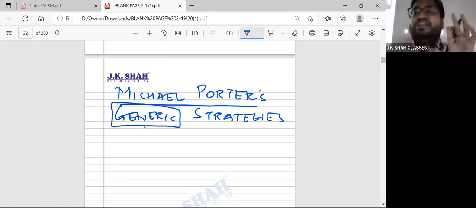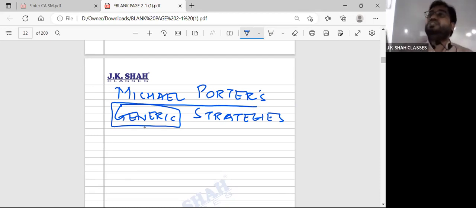Generic means general, basic. All kinds of organizations can use these strategies. All kinds means large organizations, small organizations, profit-making entities, not-for-profit making entities.